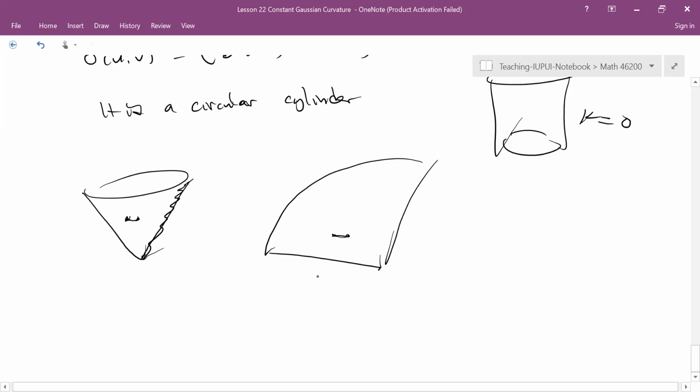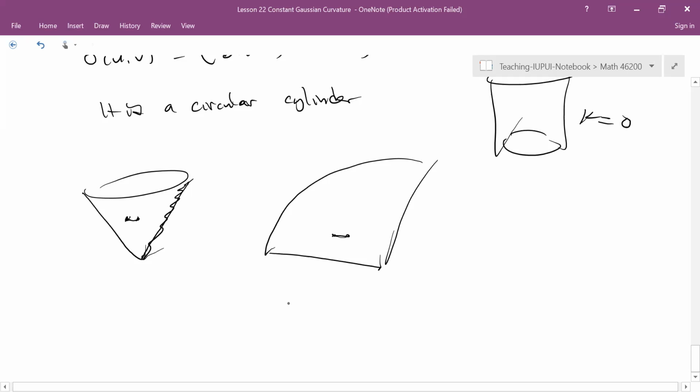Okay, so you did the exercise, right? You can find surface patches for this flat plane and this cone, so that their first fundamental forms are identical, the same.